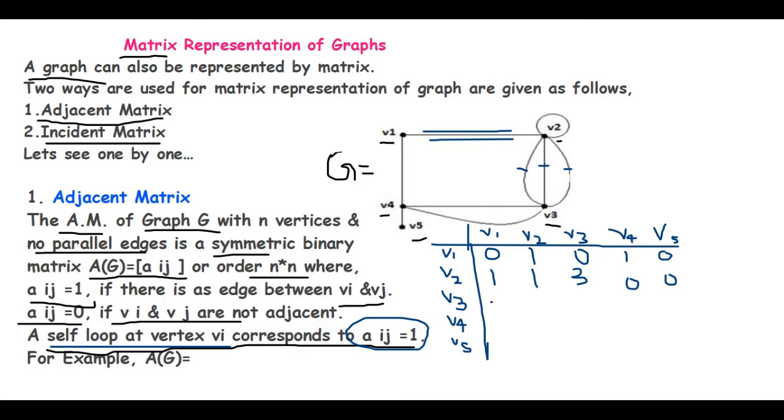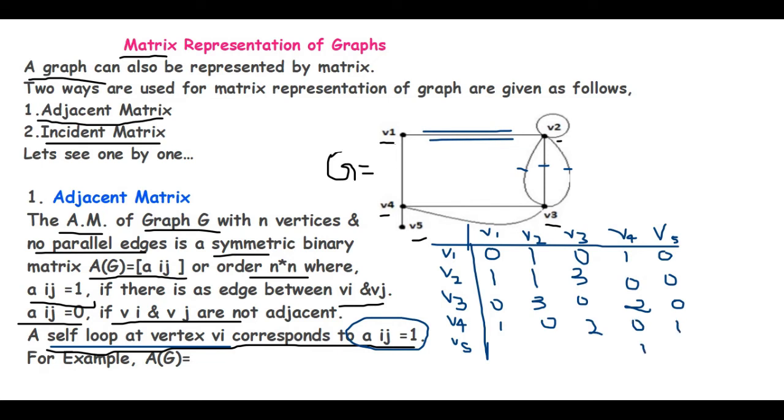The same goes for V3. V3 to V1 is 0. V3 to V2 is 3. And next is 0, 2 and 0. So I will similarly write for V4, and it's 1, 0, 2, 0, 1. You can see it in the diagram.